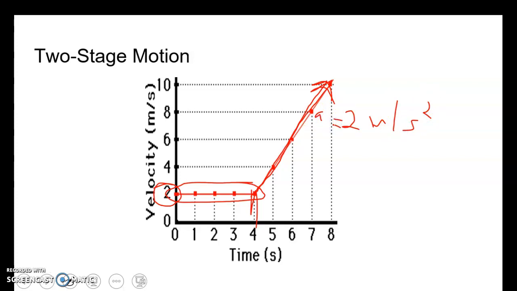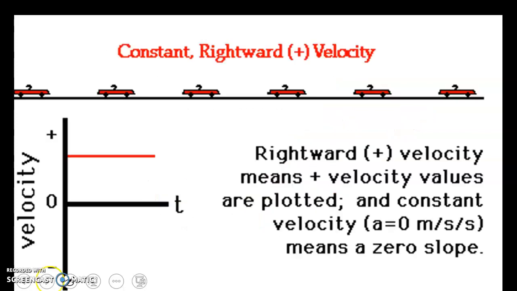And just looking at the graph, we can do that by finding the slope of that line, okay? So, first line you're going to look at is here, all right? Rightward velocity, okay? It's constant because it's a flat line. So that means positive velocity values are counted, right?